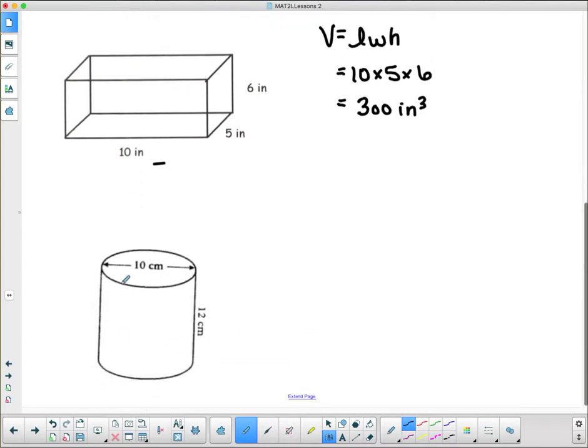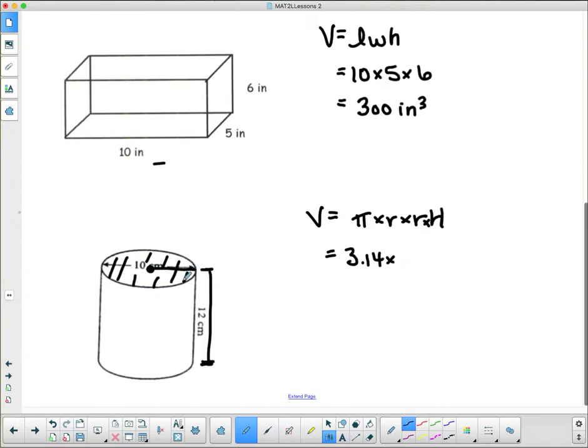Now down here we have a cylinder, and the cylinder volume is the area of the face, which is a circle, so pi times r squared, and then we have to multiply by the height of the object, which we use a capital H for. So 3.14 times r squared, remember r is half the distance across, so that's going to be 5 since it says it's 10 all the way across, times 5 times the height, which is 12.